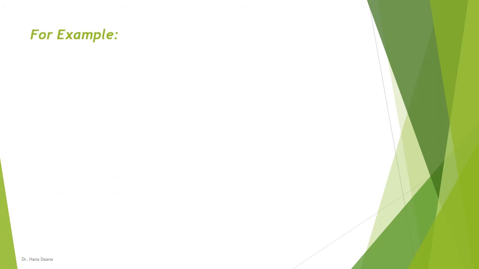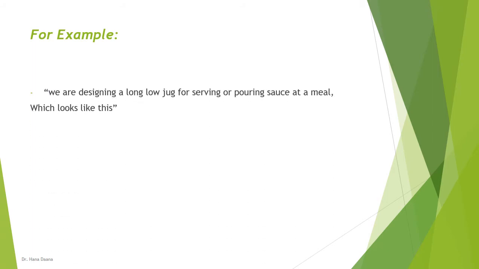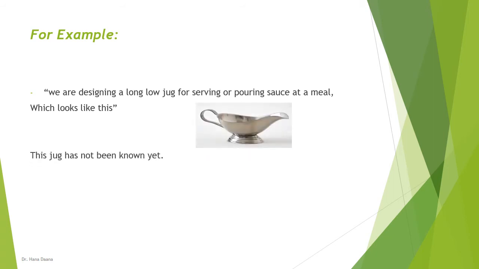Let's suppose that someone has come to you and told you the following: we are designing a long low jug for serving or pouring sauce at a meal, and this jug looks like this. By the way, let's suppose that this jug has not been known yet. At the beginning, people would start using the description to refer to this thing.